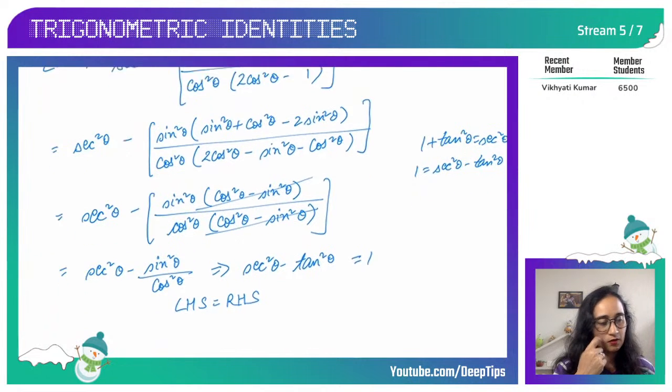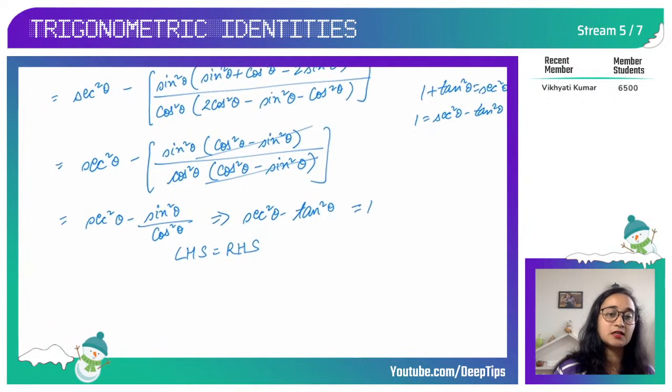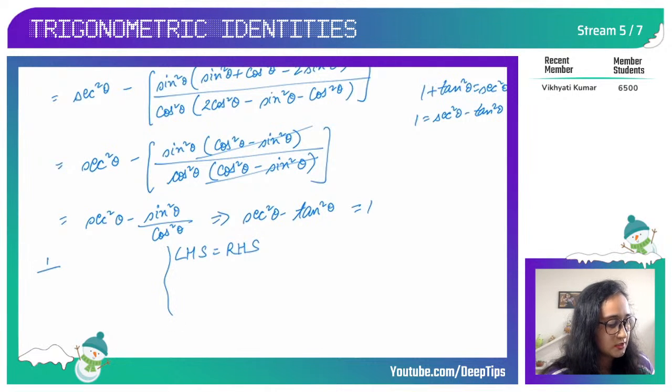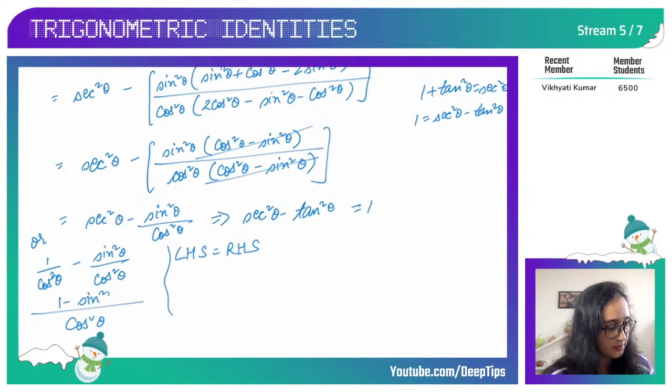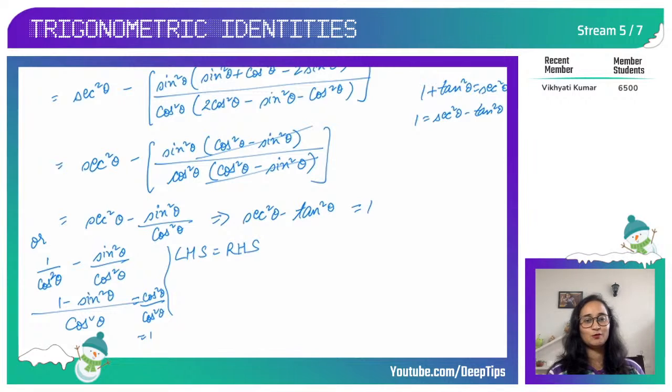But somehow, if you don't remember the identity, there is another way to solve this. You can change this secant square theta to 1 upon cos square theta, minus sine square theta by cos square theta, taking cos square theta in the denominator and 1 minus sine square theta on the top. If you solve it further, you get cos square theta by cos square theta, which is also equal to 1.